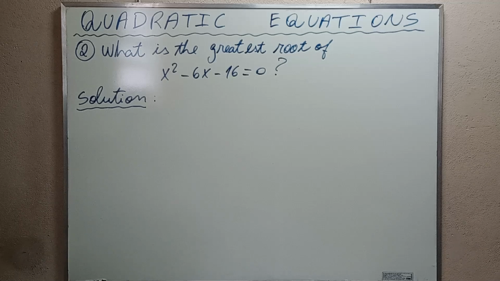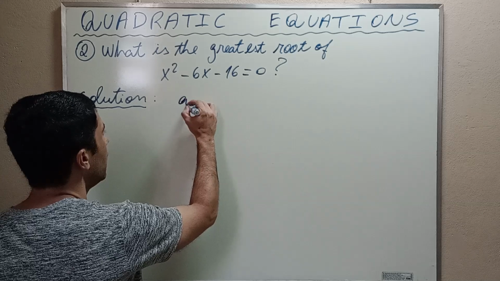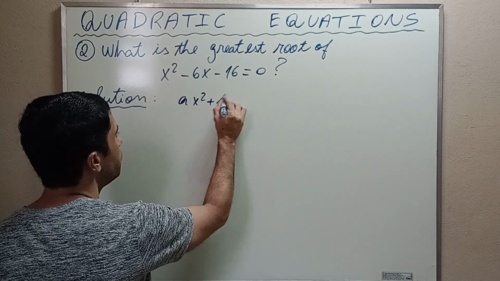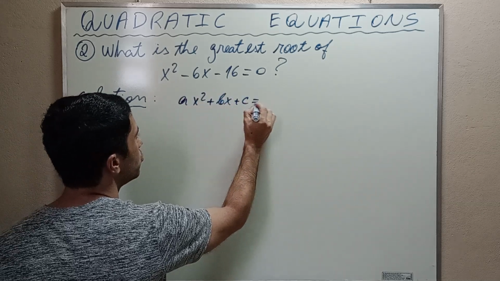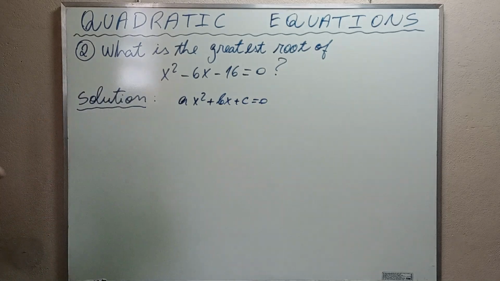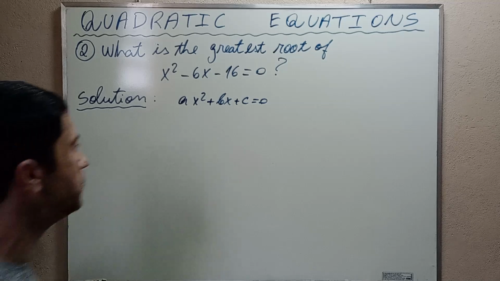Let's go to the solution. To find the roots of this equation, we may use the quadratic formula. Observe that for the equation ax squared plus bx plus c equal to 0, we may use the quadratic formula to find the roots, okay?